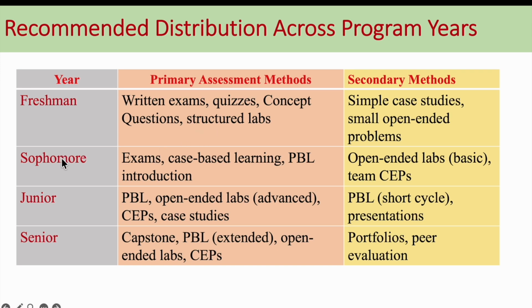For sophomores, exams, case-based learning and problem-based learning; secondary is open-ended lab, basic or team, complex engineering problem. For juniors, problem-based learning, open-ended labs, advanced complex engineering problems, case studies, short-cycle presentations. For seniors, capstone, extended problem-based learning, open-ended labs, complex engineering problems, portfolios and peer evaluations.